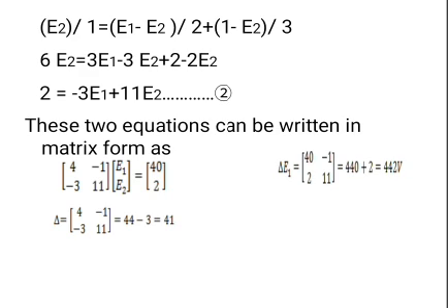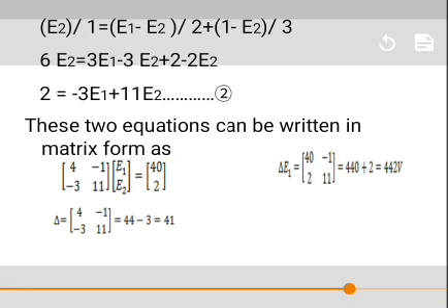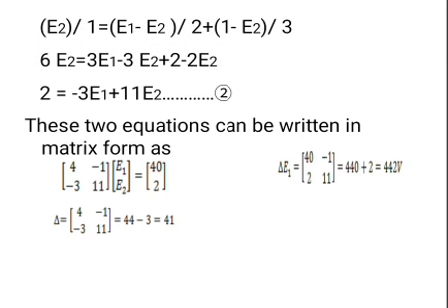Next, let delta E1 be the determinant of the matrix formed by replacing the first column values of the coefficient matrix, 4 and minus 3, with the answer column values, 40 and 2. The determinant is 40 into 11, 440, plus 2, that equals 442 volts.